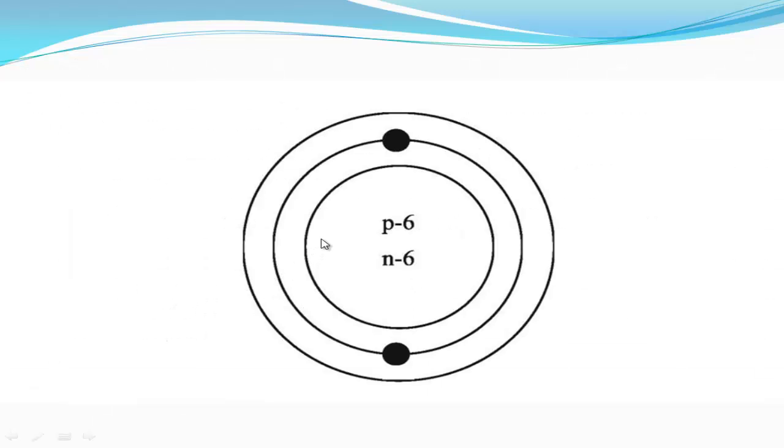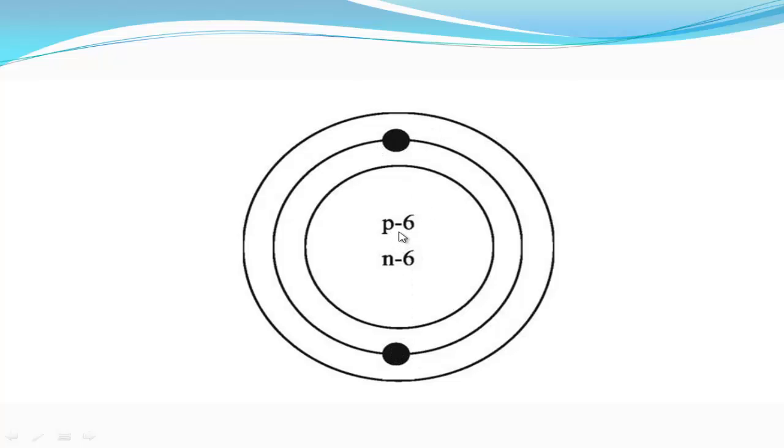Now follow the stem of another creative set. There is an atom where the proton number is 6, that means there are 6 protons and 6 neutrons present, and here 2 electrons are shown in this atomic structure, but you know that in an atom the proton and electron number is always the same.